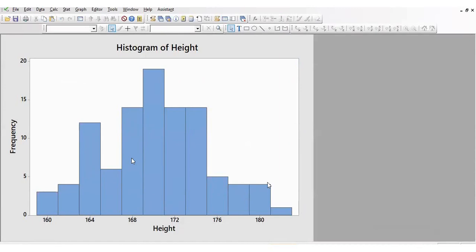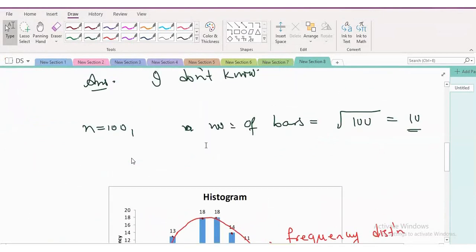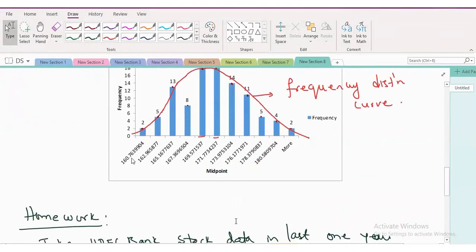Because root n is the guideline. There are some other formulas also to calculate the number of bars. Different software may use different formulas, but more or less it is going to look the same. Yes or no? Friends, the curve is going to look more or less the same. That's more important than the number of bars.